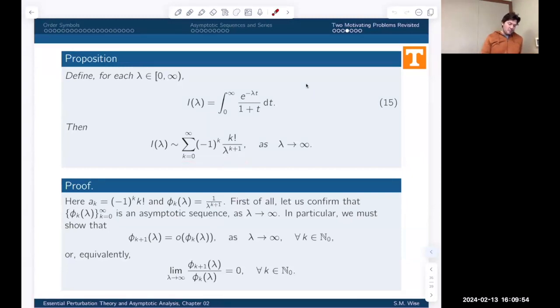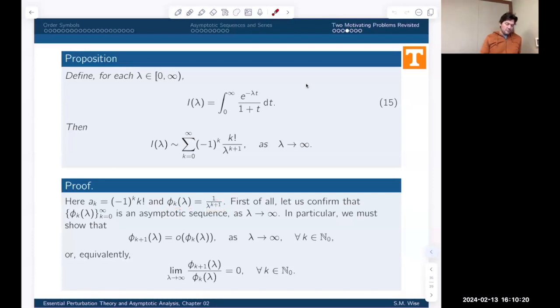What do we have? Well, we have the coefficients of the approximation, which we can call a_k. That's standard: (-1)^k times k factorial. And the asymptotic sequence, or the gauge functions involved in this asymptotic series expansion, are as follows. Phi_k of lambda is equal to 1 over lambda^(k+1).